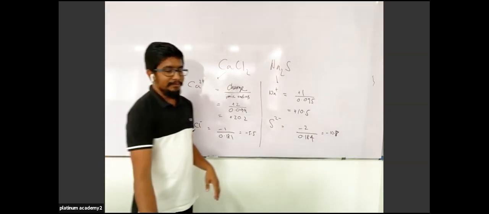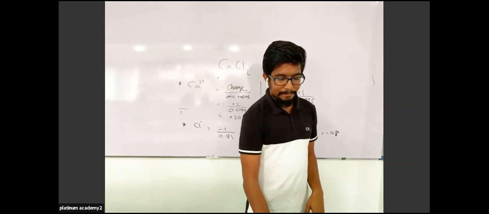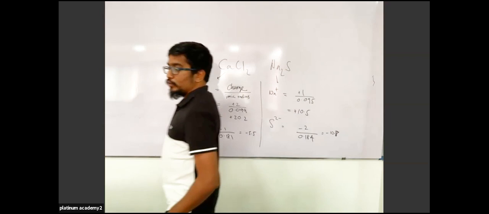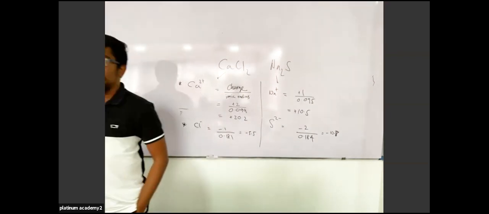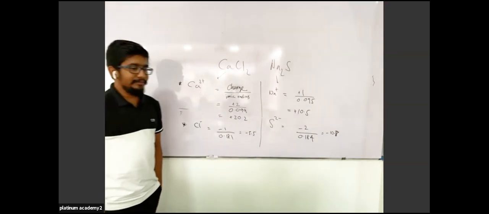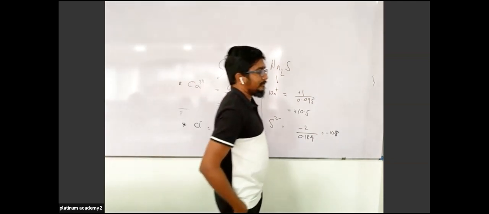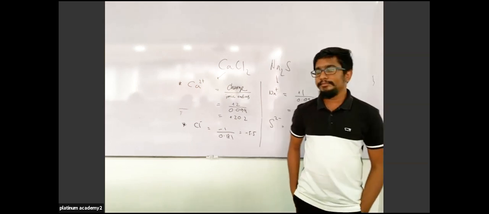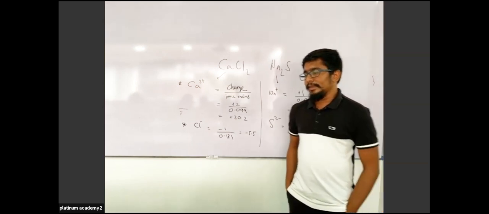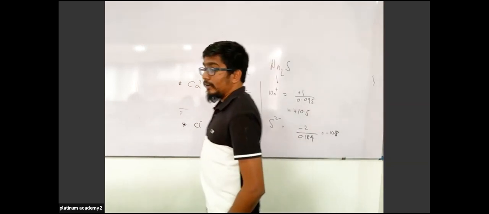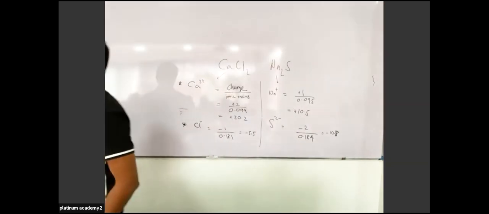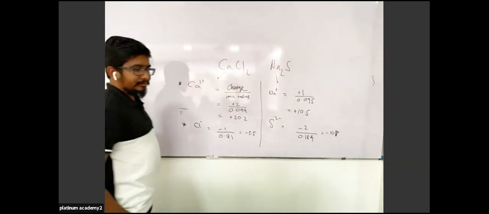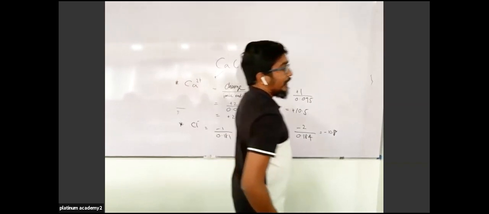So we can write down like this. The charge density of calcium 2 plus is twice the value of Na plus.